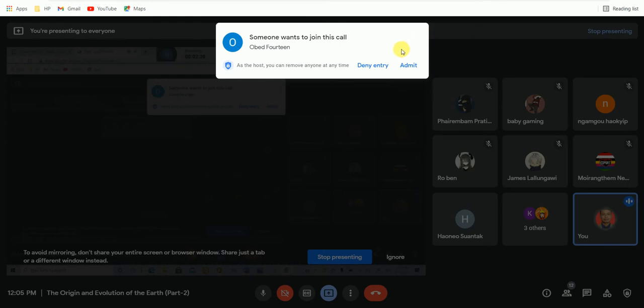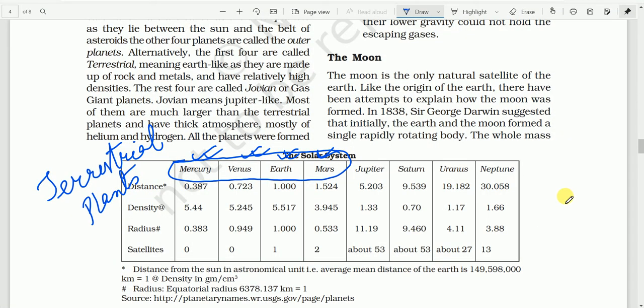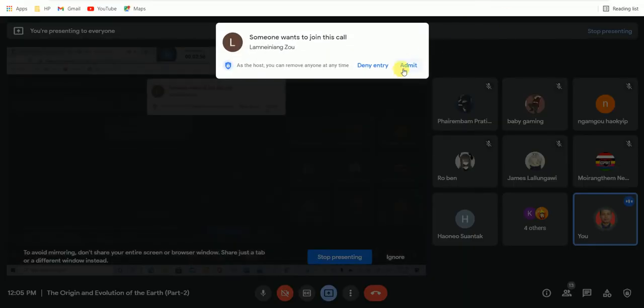And the remaining 4 planets, that is Jupiter, Saturn, Uranus, and Neptune, are known as Jovian. Jovian means Jupiter-like. And you may read this table about the density, distances, radius, and the number of satellites.